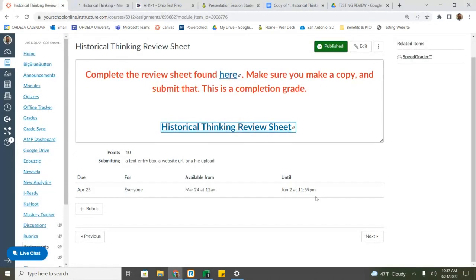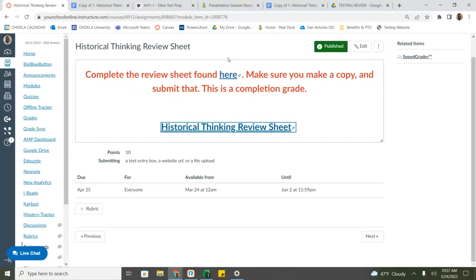And keep in mind, guys, peep the due date. No, Marianne, I don't have to do it all today. Look at the due date. When's it due? It's due in a month, when we get back from spring break.